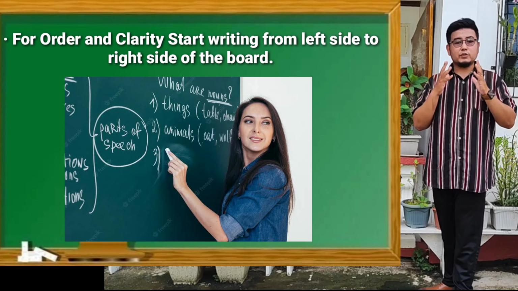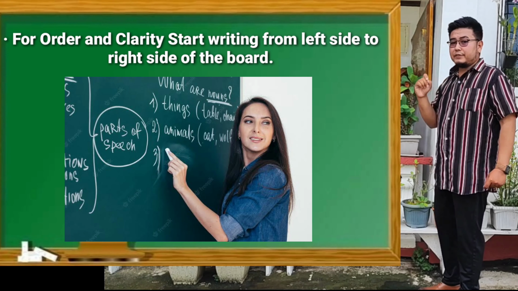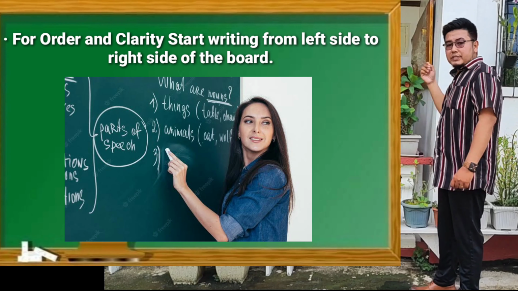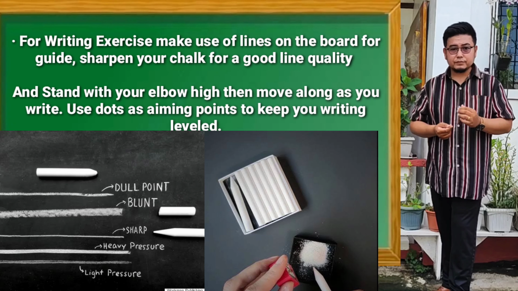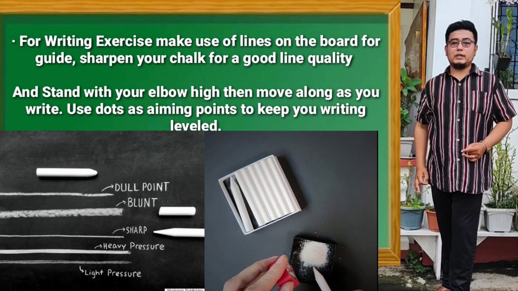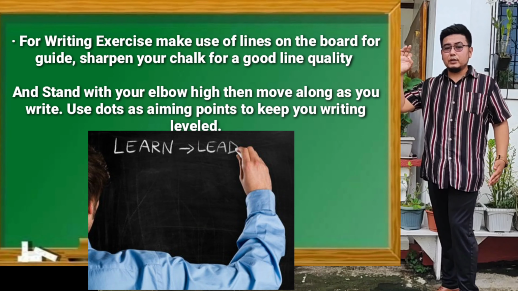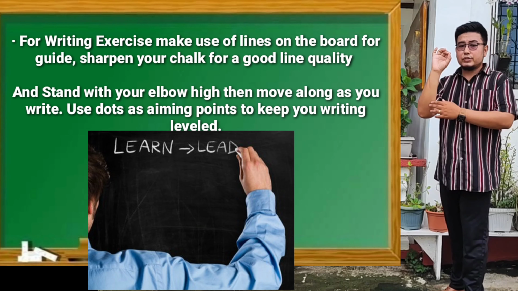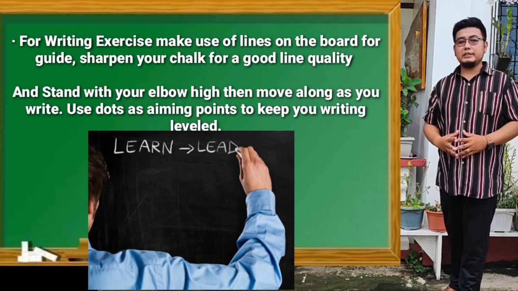For order and clarity, start to write from the left side to the right side of the board. For writing exercises, make use of lines on the board as a guide. Sharpen your chalk for a good line quality, and stand with your elbows high as you move along as you write. Use dots as aiming points and to keep your hand level.